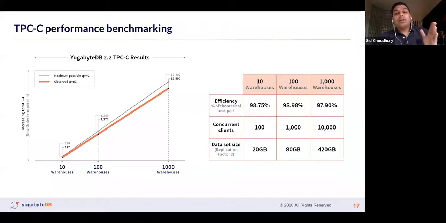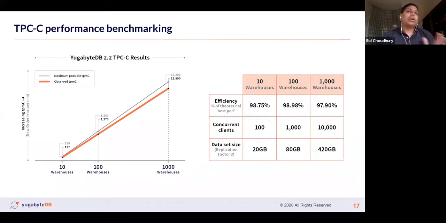And as you can see, for 10 warehouses, 100 warehouses, 1,000 warehouses, the efficiency, which is essentially the percentage of how much of the absolute efficiency you can achieve on those clients and data set sizes, we are right there with the top of the top, right? They are all close to 98, 99%.